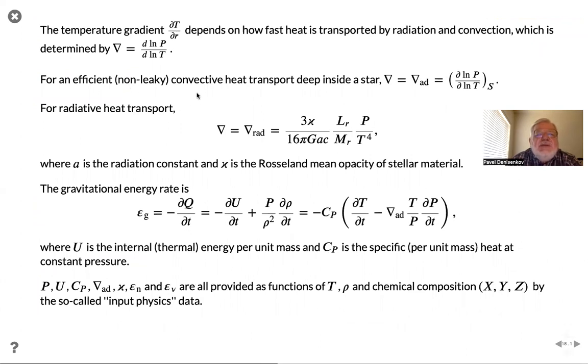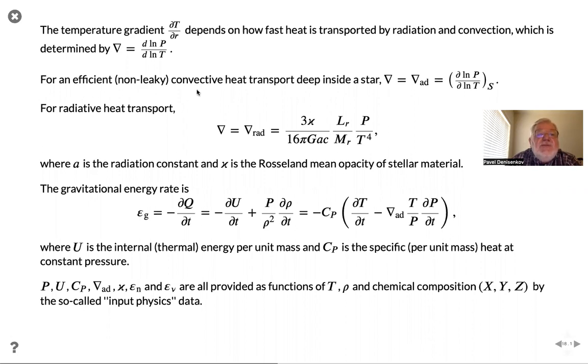The first one is convective heat, like water in a boiling kettle. And the second is radiative heat transport, like in a room, if there is no convection. Solar heat is transported to us by radiation.